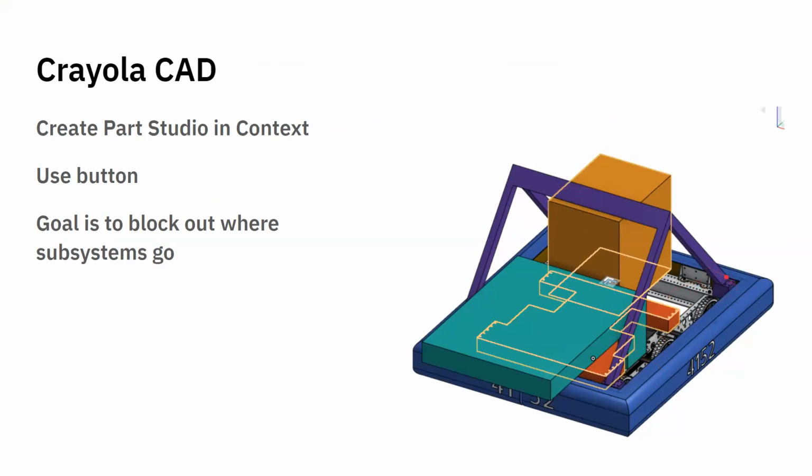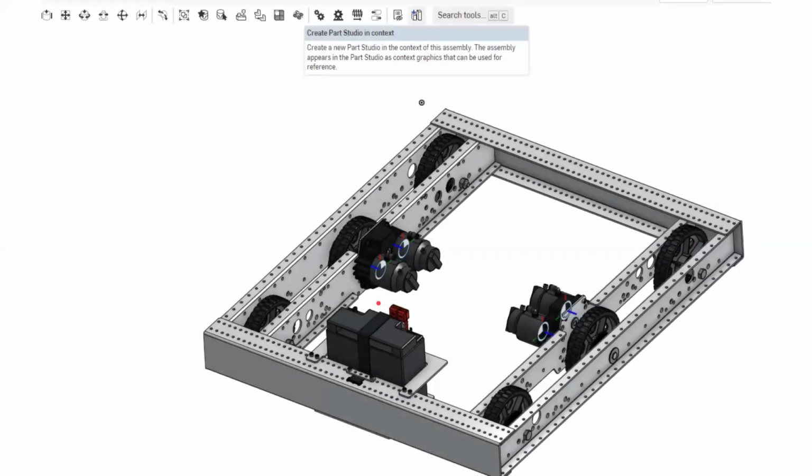We ended up changing where things mounted, but it allowed us to plan, if the bumpers are here, where can things go so that everything will fit. We've always run into problems with people not bothering to deal with the bumpers. So we try to put bumpers in as one of our first things, just to lock it in so it becomes a design constraint. You have to work around it.